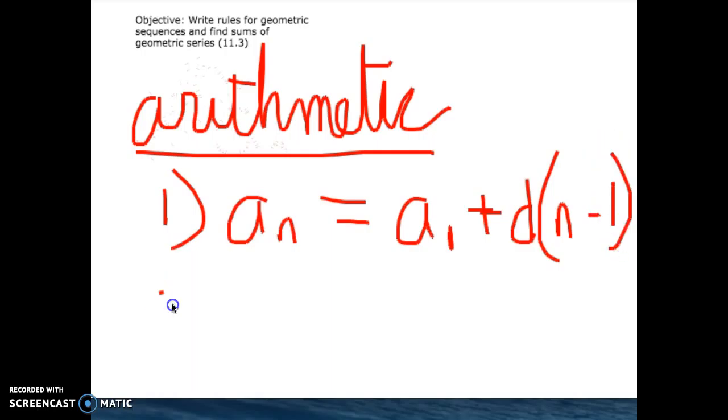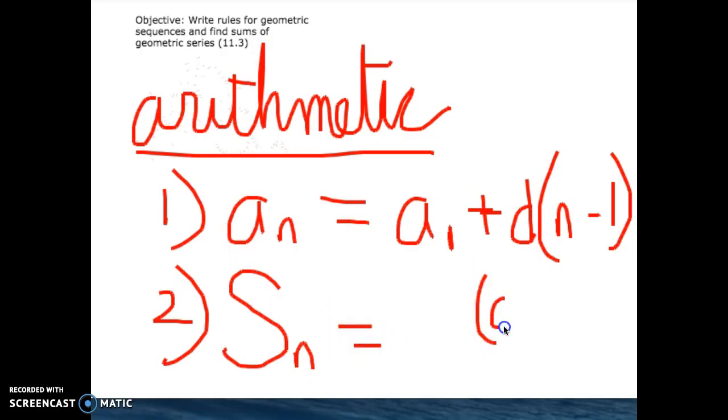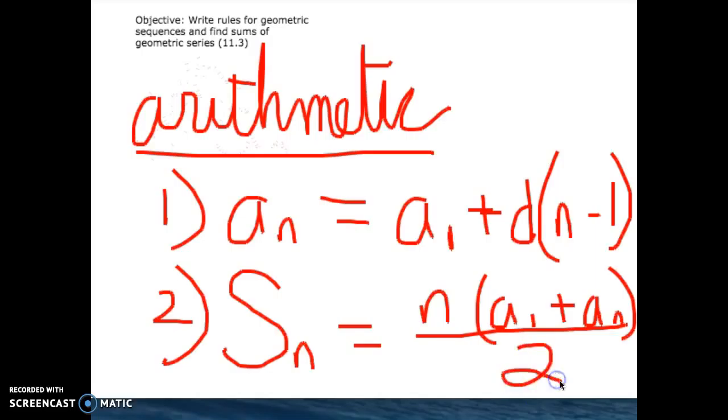And then the second formula, to find the sum of the first n terms, we took the first term plus the last term, and we multiplied by n over 2. That was arithmetic. So now in this section we're going to come up with formulas like this, but for geometric.